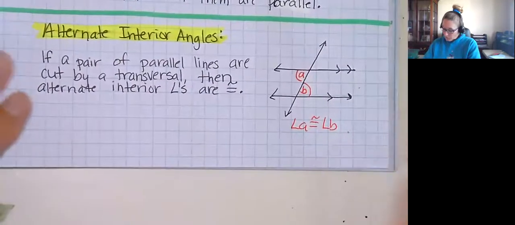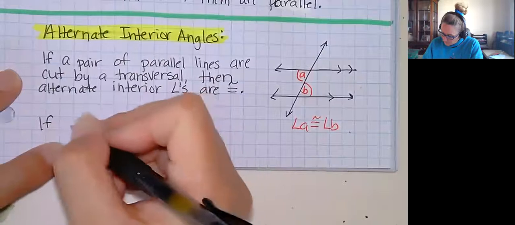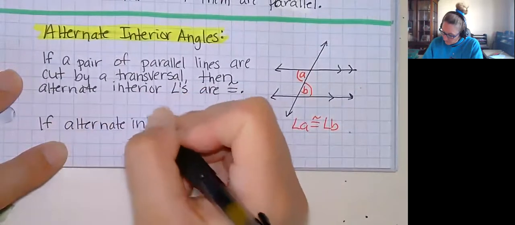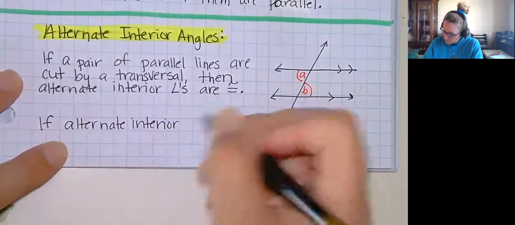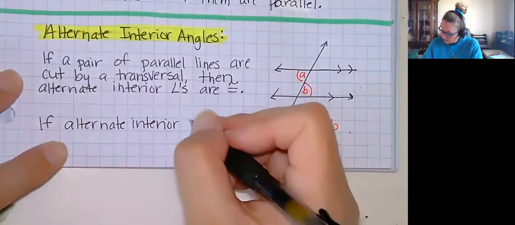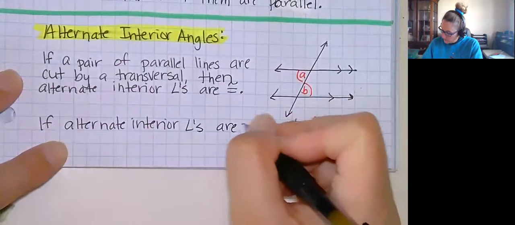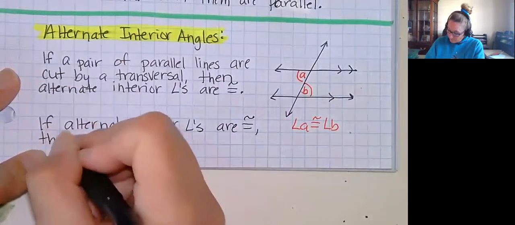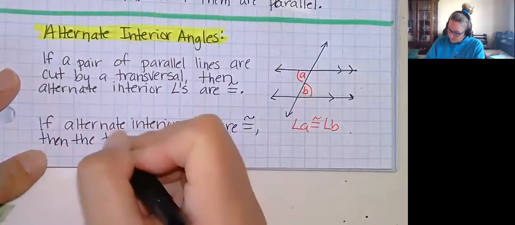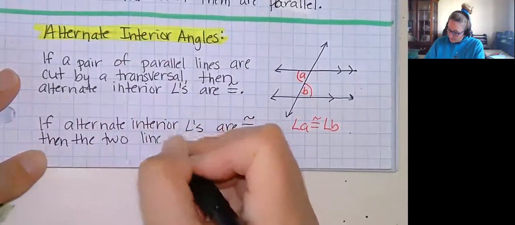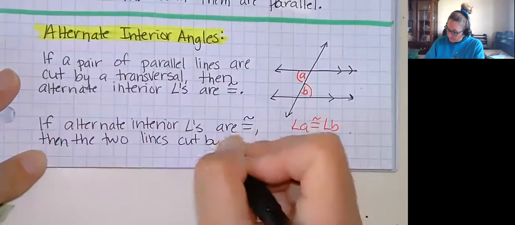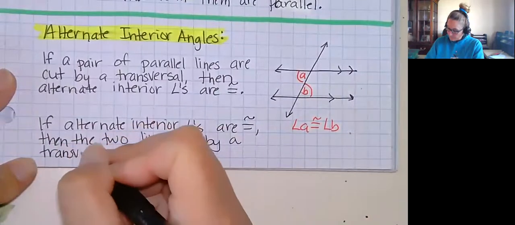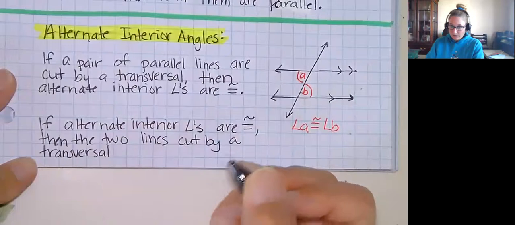The converse is true. So if alternate interior angles are congruent, then the two lines cut by a transversal that form them are parallel.